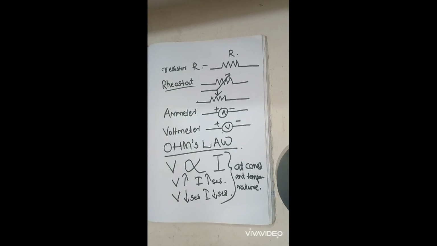That is, the potential V across the ends of a given metallic wire in an electric circuit is directly proportional to the current flowing through it only at a constant temperature. This is called Ohm's law. It is very important. That is V proportional to I.